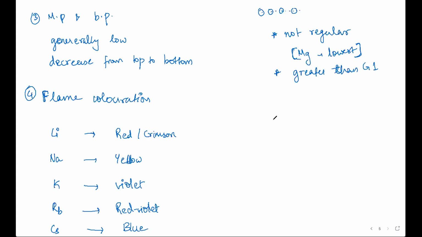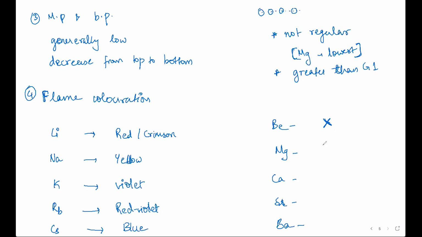Now coming to group 2 elements, I've got beryllium, magnesium, calcium, strontium, and barium. So beryllium, no, this doesn't give out any color. Magnesium, again, no color flame.